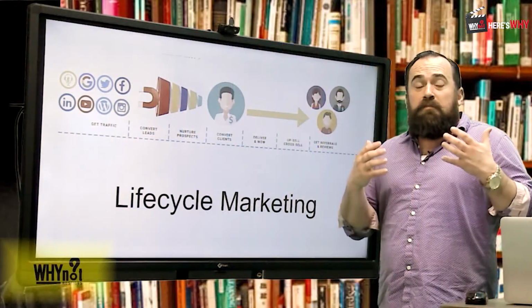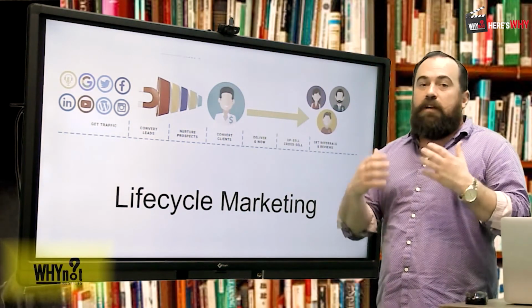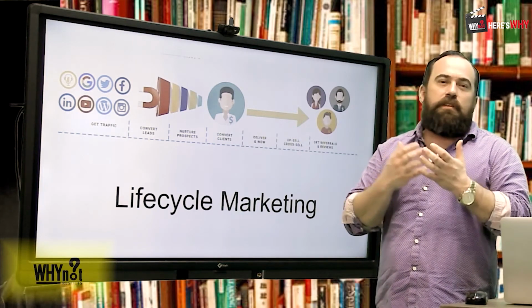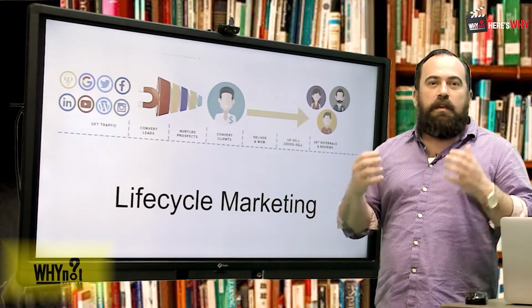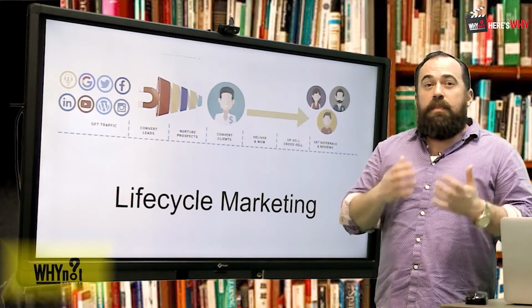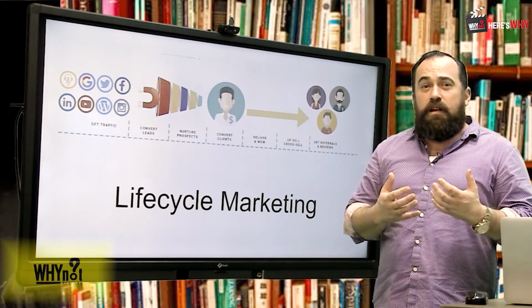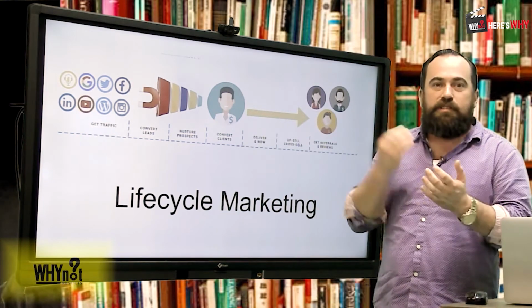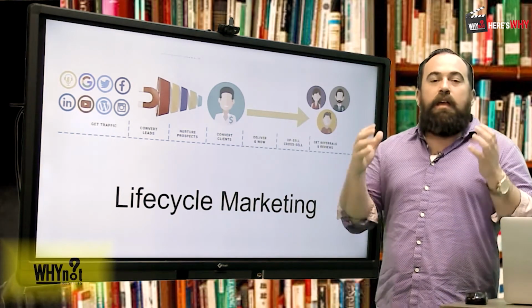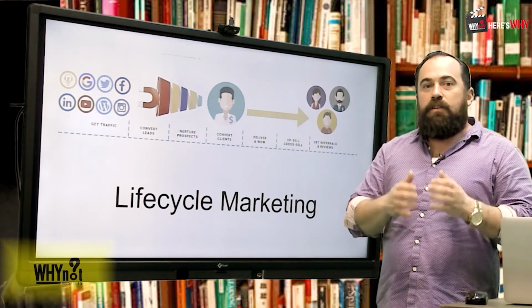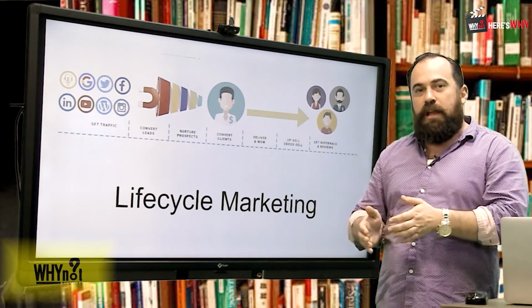So before we go through the different stages of lifecycle marketing, what I'd like to do is make sure that you're thinking about 2 separate things. I want you to remember that your prospects are people. So I don't care if you call your customers, clients, patients, students, whatever. I don't care if you sell B2B or B2C. At the end of the day, you sell person to person.